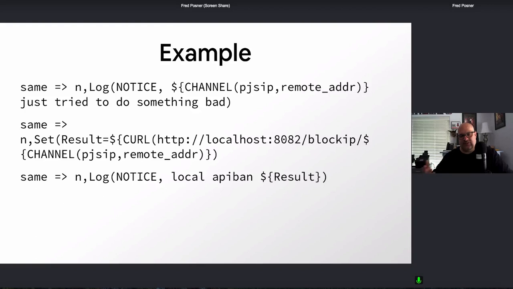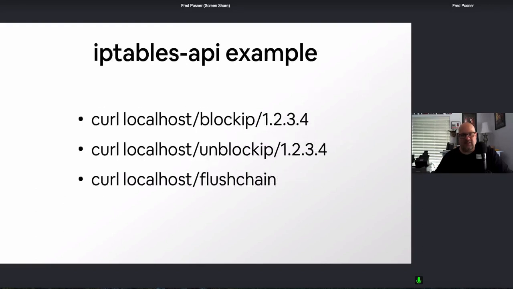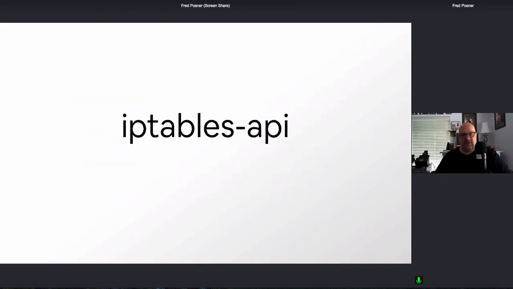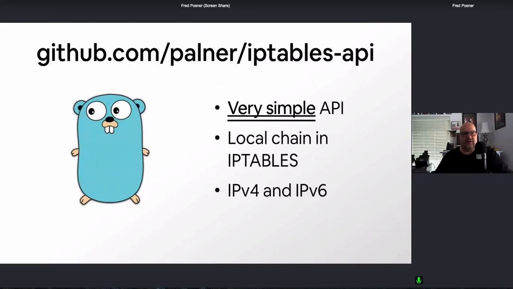If you go to the GitHub at github.com/Posner/iptables-api, there are much more detailed and verbose examples, even though I'm just giving you GET examples here.